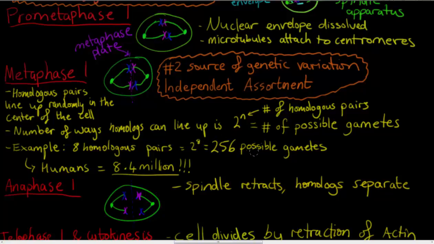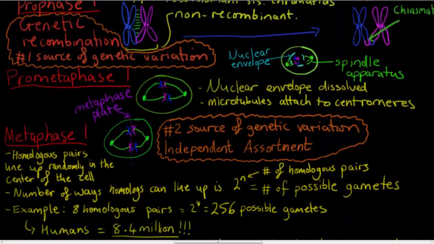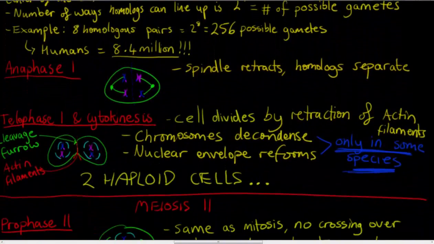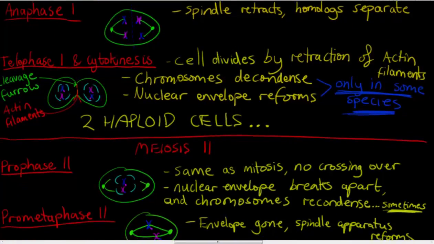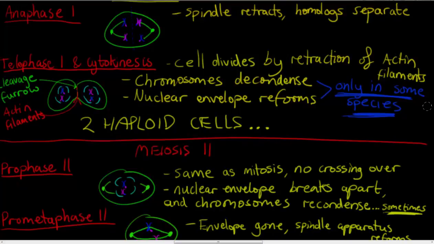There are 256 possible gametes this organism can have, or 256 ways that these homologous pairs can line up. In humans, we have 23 homologous pairs. 2 to the power of 23 is 8.4 million. So from every round of meiosis, we can produce 8.4 million different gametes, and that's not even including the events in prophase 1. So as you can see, humans have very high levels of genetic variation.